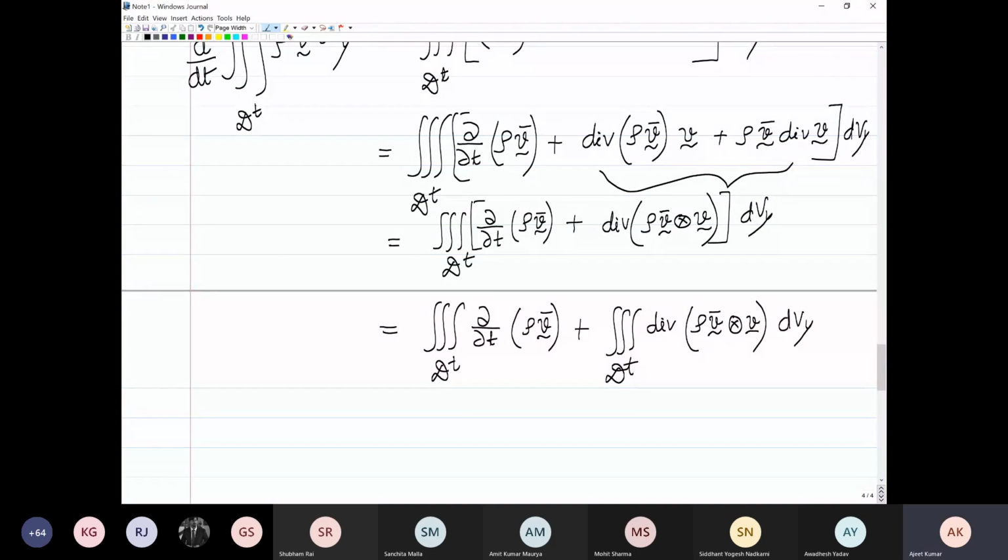But we had just derived how to use the Gauss divergence theorem with a second order tensor.